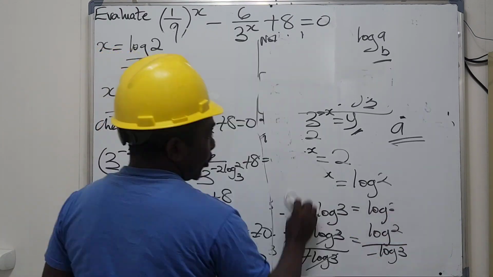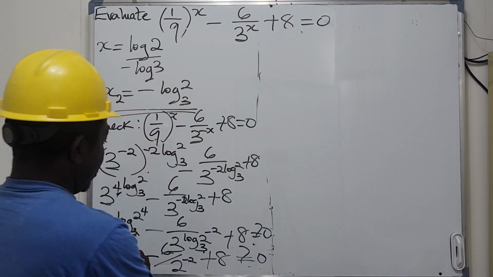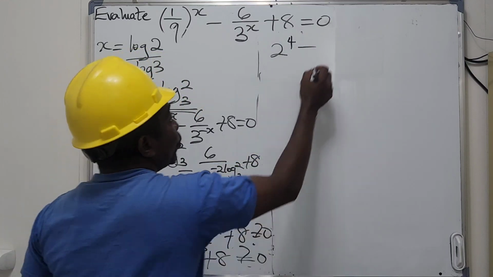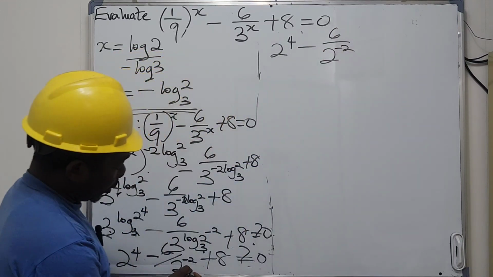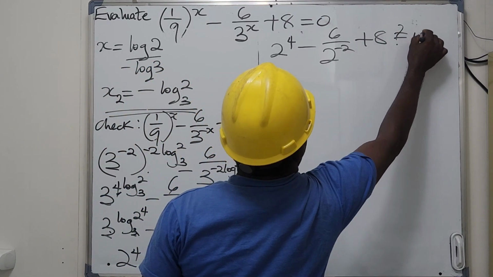We need to clean this. So as we input the value of x, this gives us 2 to the power of 4 minus 6 all over 2 to the power of minus 2. This is what we have here. Then plus 8. When we add this, will this equal 0?